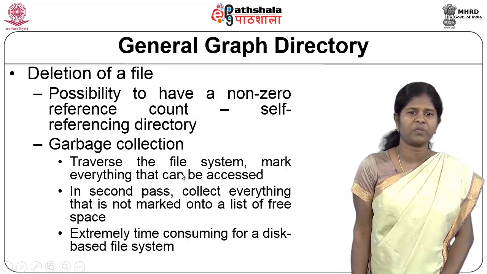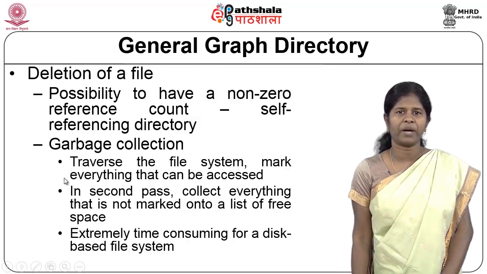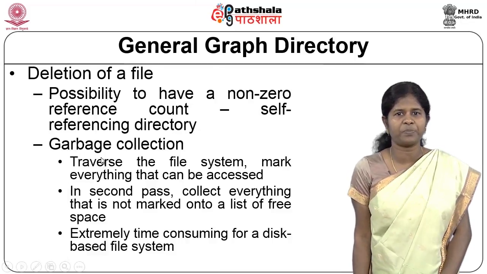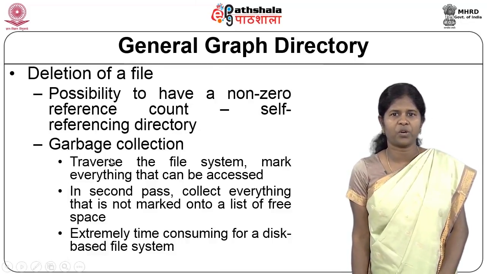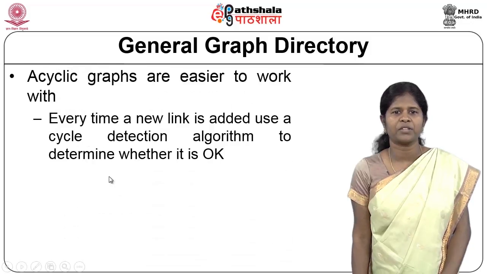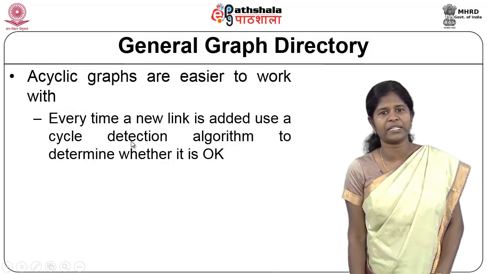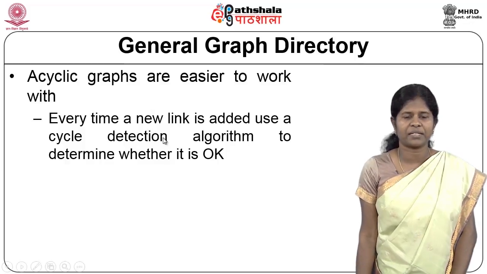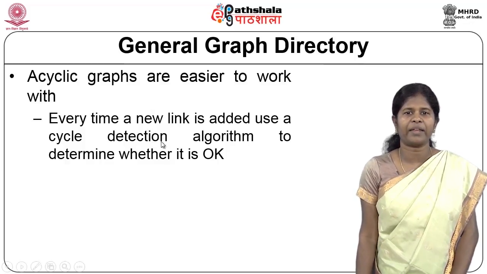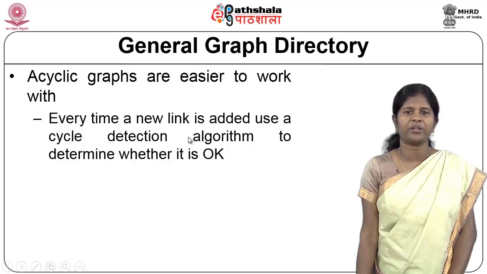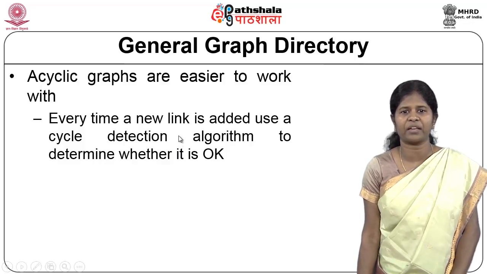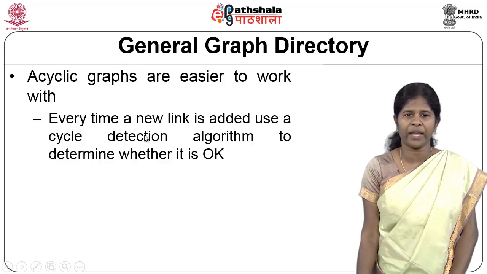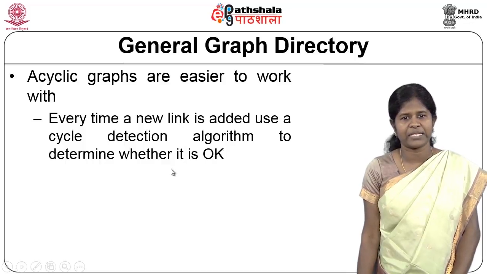When the disk is very large, it is difficult, but it will save space, it will collect all unused space. So, acyclic graphs are easier to work with when compared to graphs with cycles. And every time a new link is added, you can use a cycle detection algorithm to determine whether it is okay in the case of acyclic graphs.